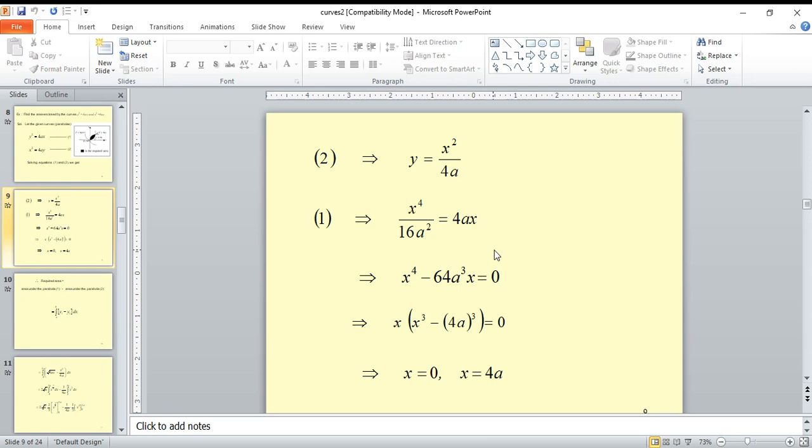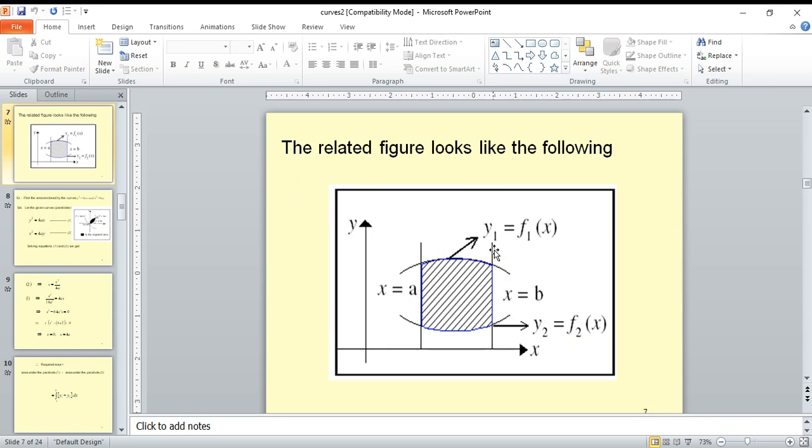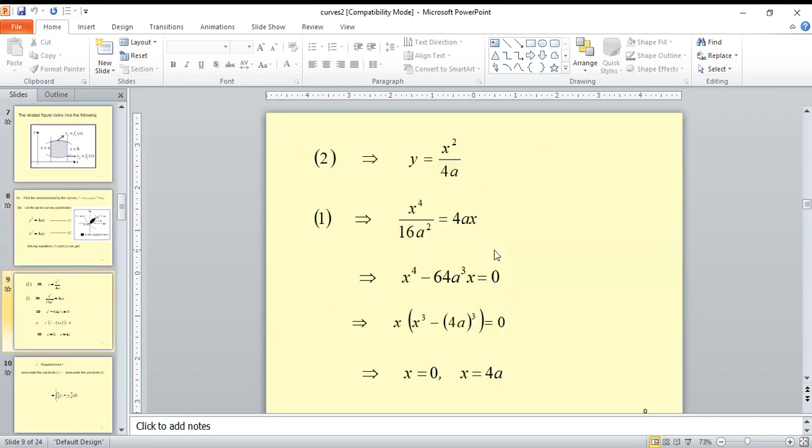From 1, apply 2 in 1: x square by 4a whole square equal to 4ax. That is x square whole square is x power 4 by 4 a square, 4 square is 16, a square equal to 4ax.